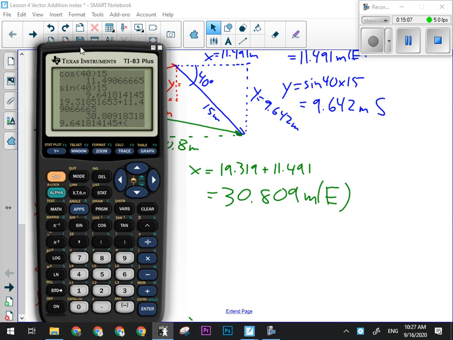So that'll be the sine of 15 times 20. All right, so we got a total, and I forgot to make one of them negative.